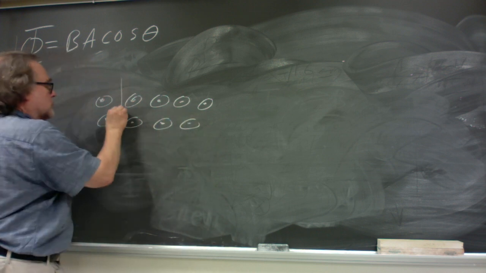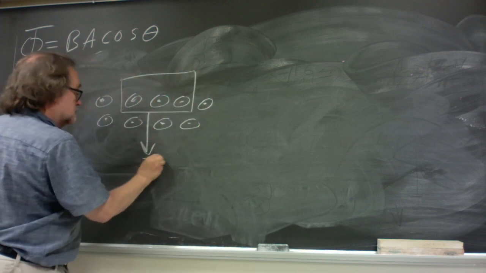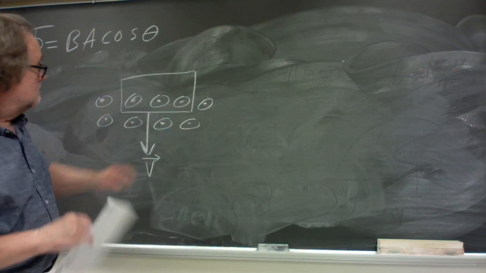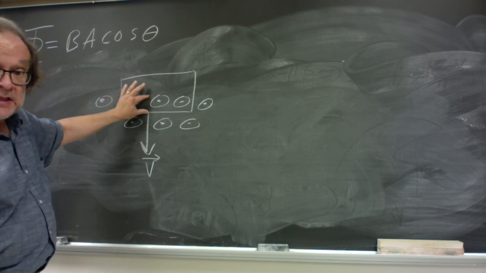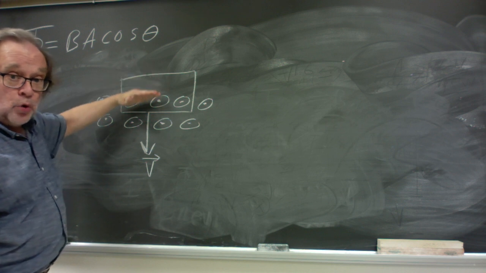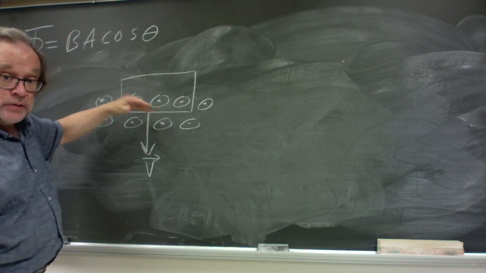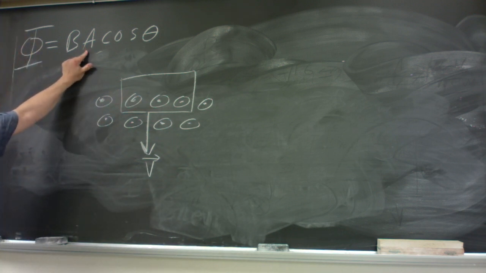And then you've got another rectangular loop that's falling. And so at the moment you start watching, the top part of the loop is outside the field region, the bottom part of the loop is inside the field region, and as time goes by, more and more of the loop area is inside the field region. Or in other words, this number is increasing.